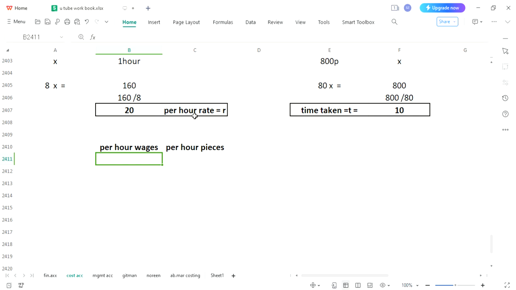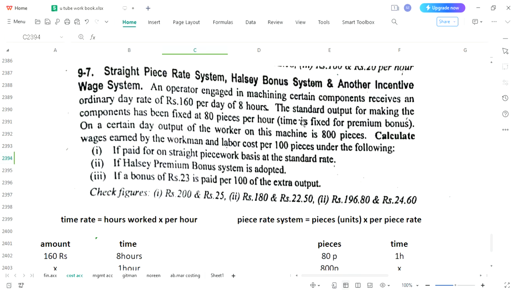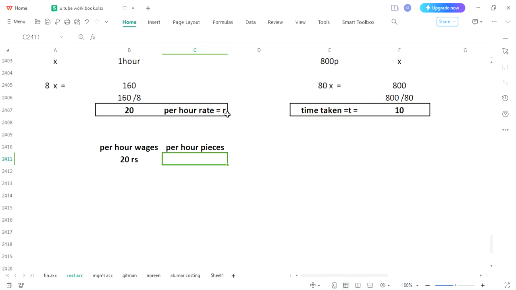Per hour wages or per hour rate is the same. So 20 rupees a person will receive, and in 1 hour how many pieces should be made, it was given in the question: 80 pieces per hour.